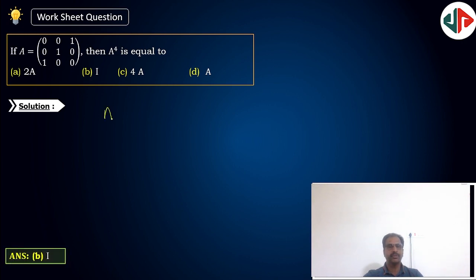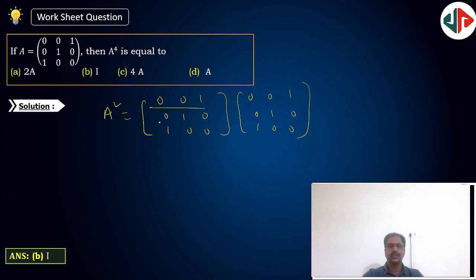The question is finding A power 4. First find A square. Multiply these two.